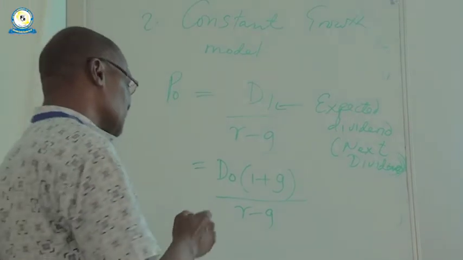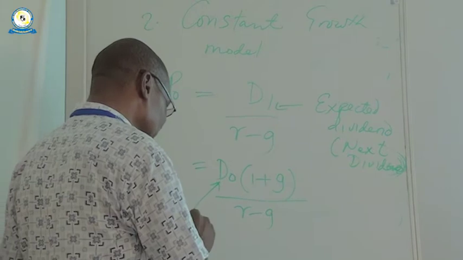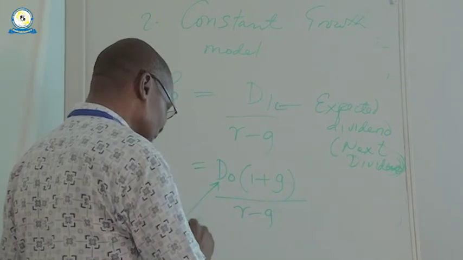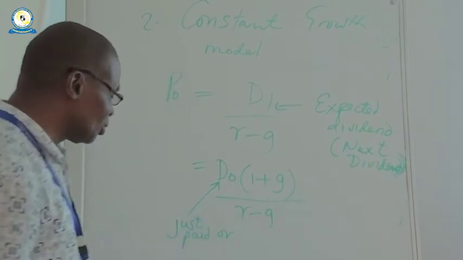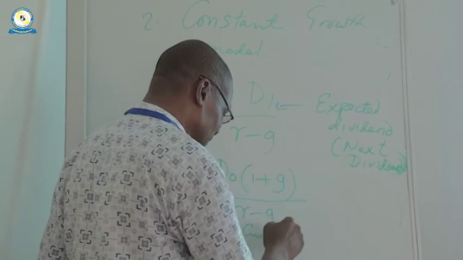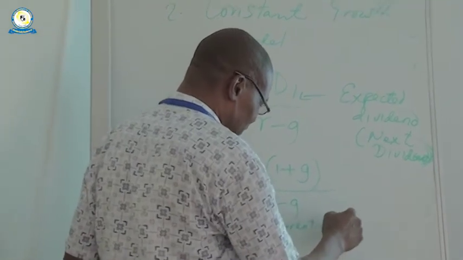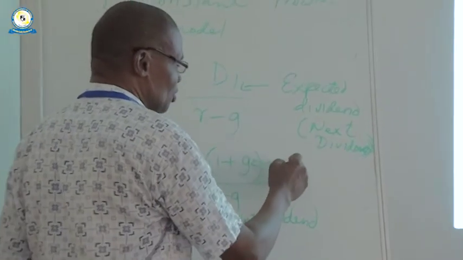In this case, D0 is just paid dividend, or sometimes they call it current dividend. And this G is growth rate.